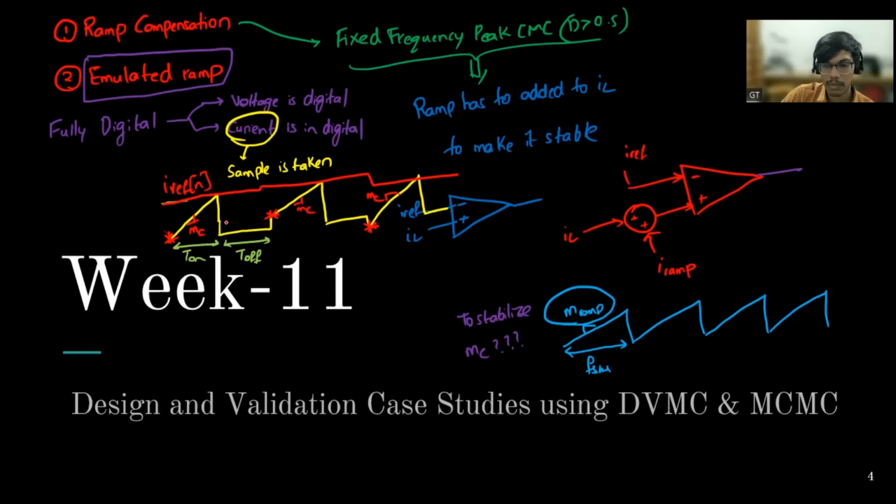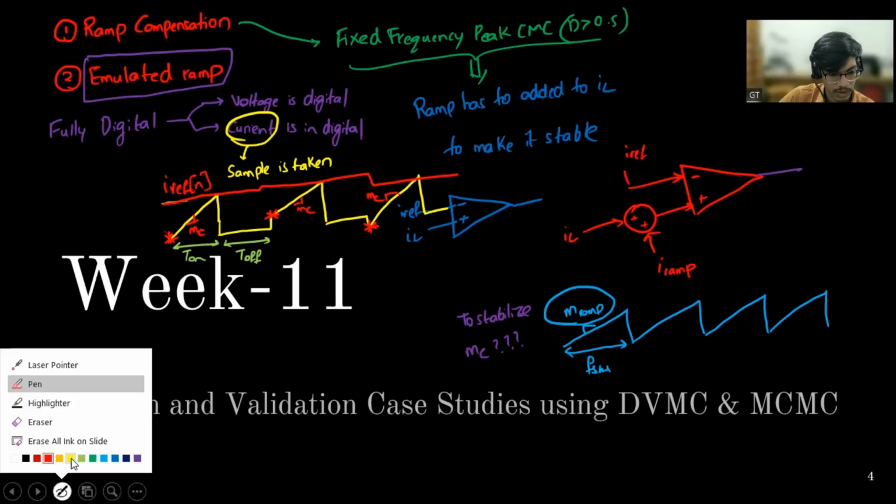Whereas here, the IRAMP that we are adding to the analog current is also analog. This we are writing as code in digital and passing through the DAC. Is this clear? Yes, sir, clear.